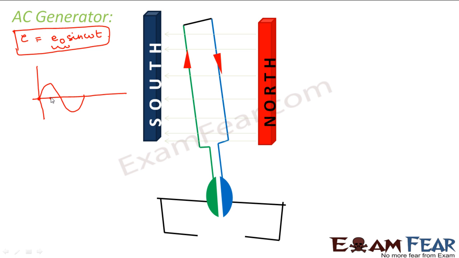When omega t is equal to 90, it is E naught. So if you take the EMF along the y-axis and omega t along the x-axis, when omega t is 0, EMF is 0. When omega t is 90, EMF is E naught. When omega t is 180, EMF is again 0. When omega t is 270, it is minus E naught, and so on.